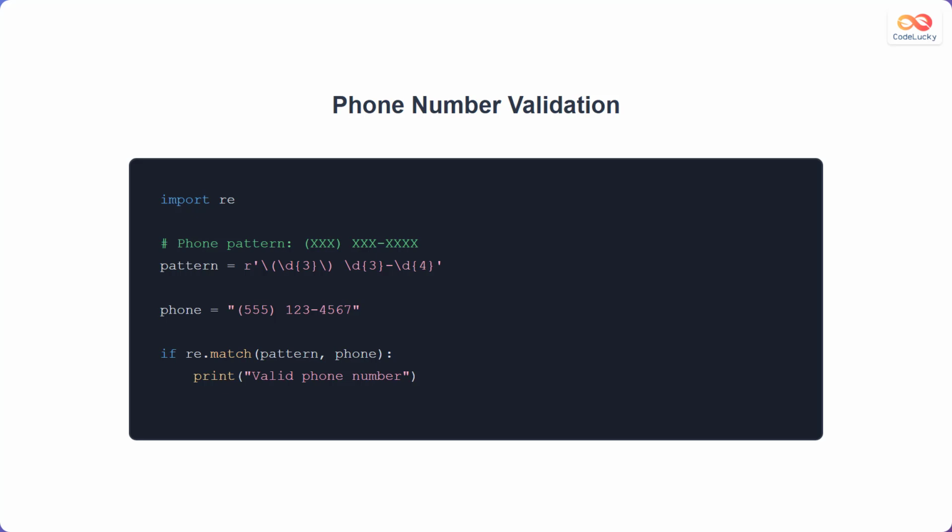This pattern checks for a phone number in the format XXX-XXX-XXXX, where X is a digit. We then define a phone number string 555-123-4567. The code then uses re.match to check if the phone number matches the defined pattern. If it does, it prints valid phone number.